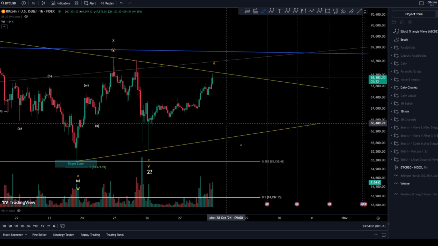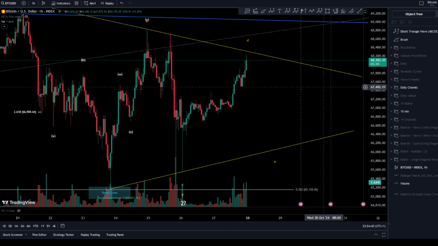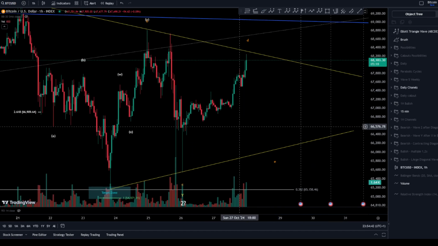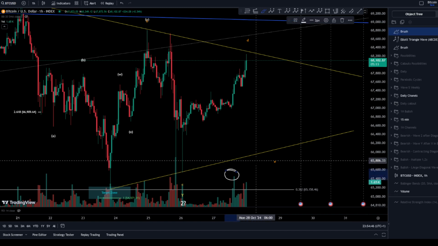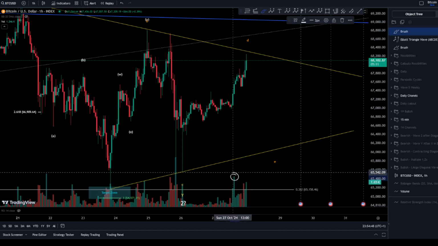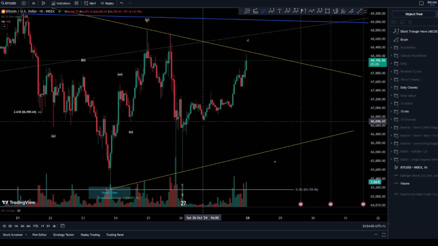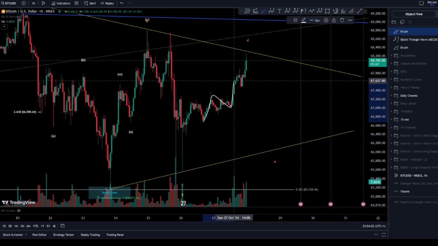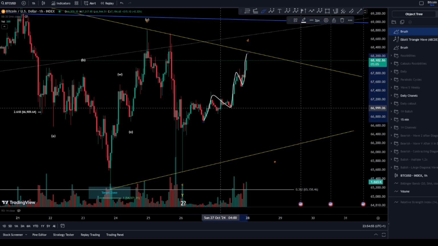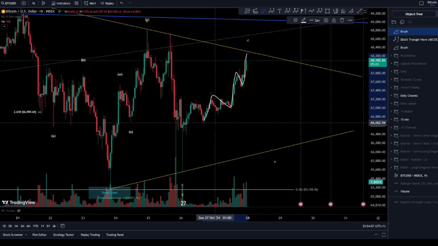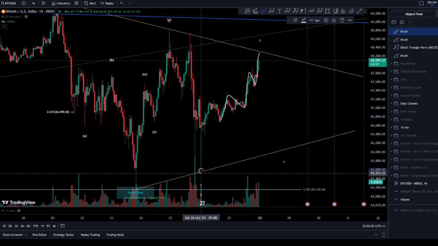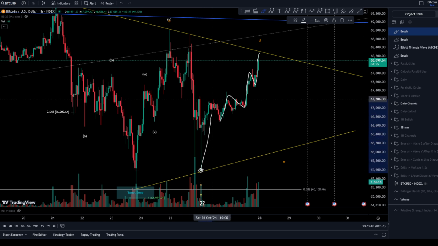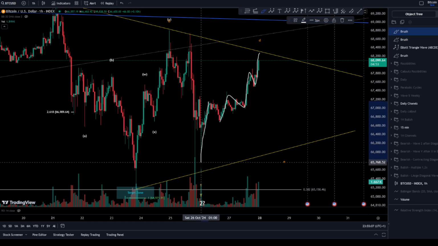Why I'm saying we might have a top already, even without touching the trend line, is because if you look at the volume here, the volume is giving us a signal where we already have a 1, 2, 3, 4, and a 5. And this was your wave C of that zigzag, where your A is all along from this wick here, from this low, till the top, or even a little bit less here.